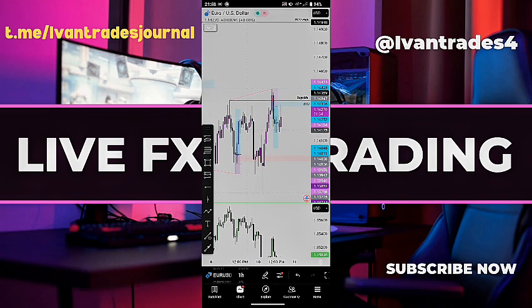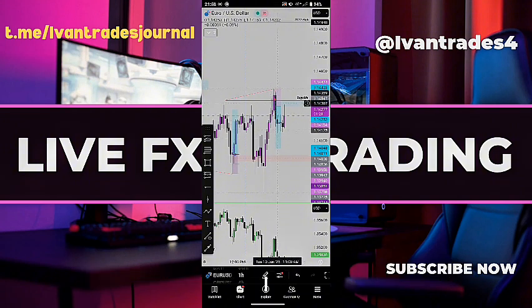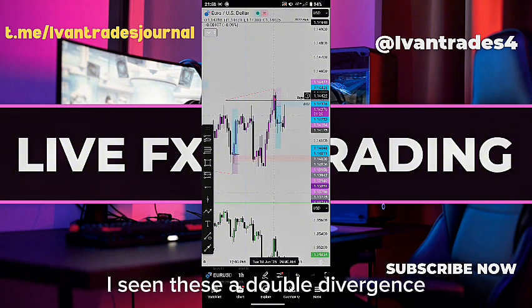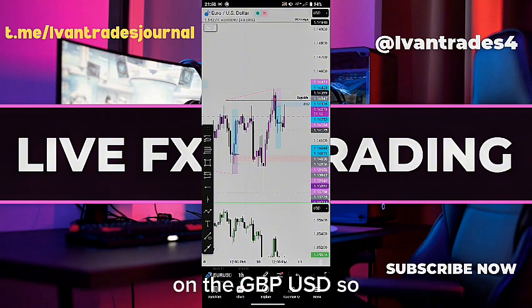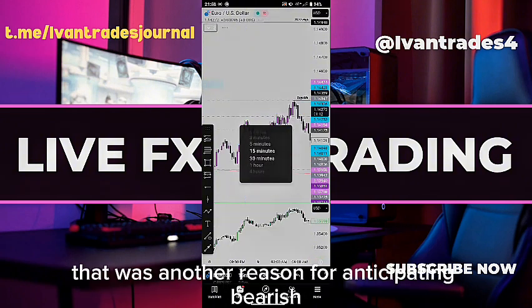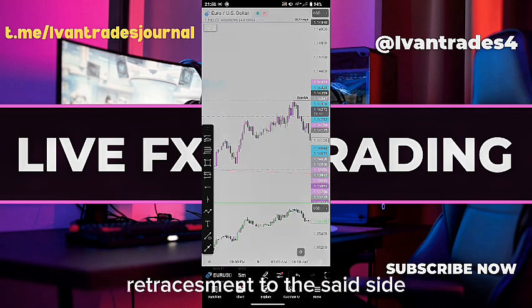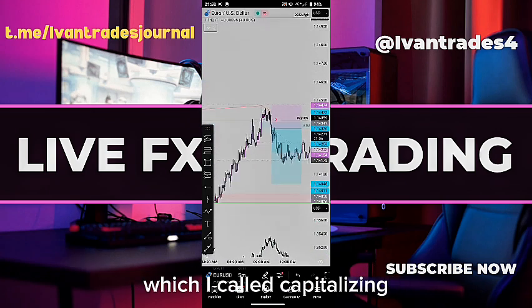To confirm that this was likely the high of the day, I saw this double divergence: the 9 a.m. candle was never swept on the GBP/USD. So that was another reason for anticipating a bearish retracement to the sell side, which I could capitalize on.